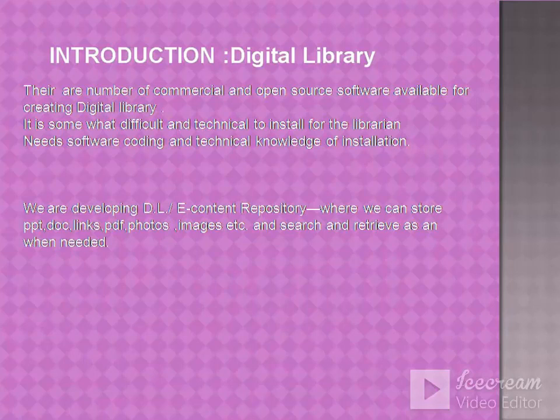Here we are developing a digital library or e-content repository, where e-content means PPT, DOC files, links of various videos, PDF files, photographs, images, etc., which can be stored, searched and retrieved as and when needed.